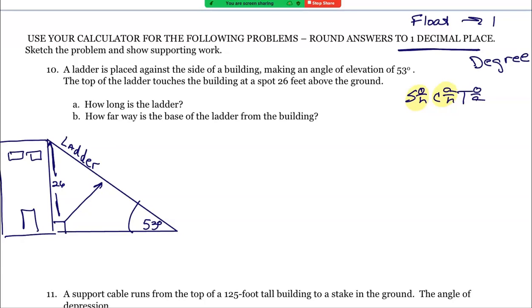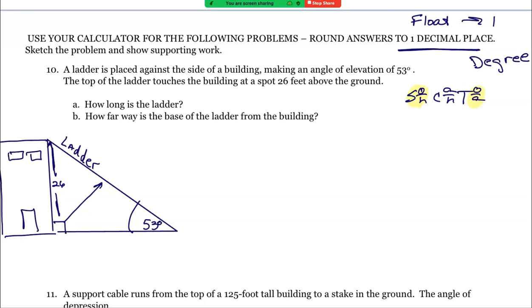Let me rephrase that. I have been given the opposite. So what includes the opposite? This is opposite. I need to find the hypotenuse. I'm going to use sine, because sine will get me the ladder length, which is the hypotenuse.